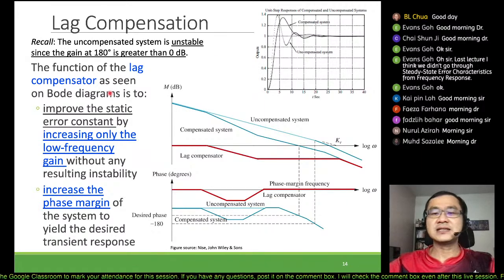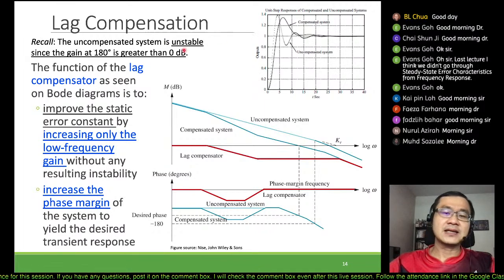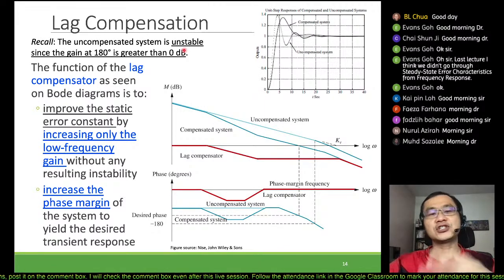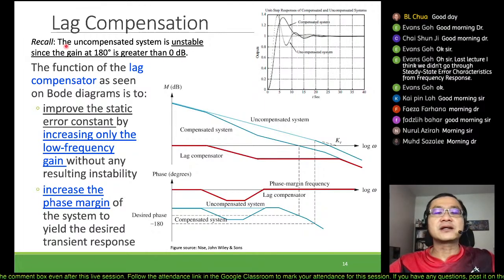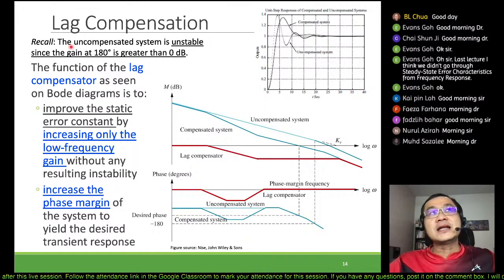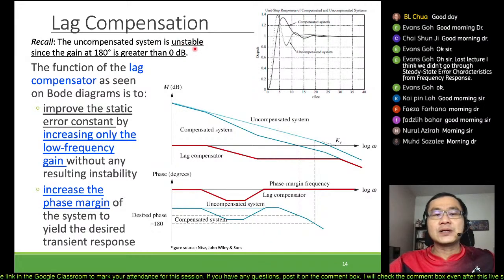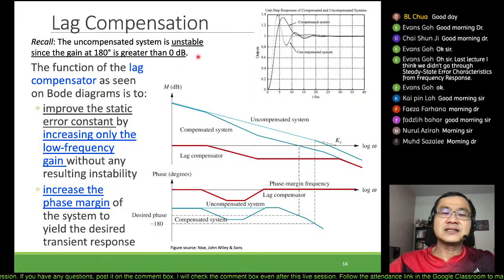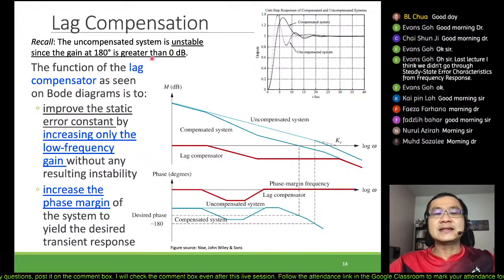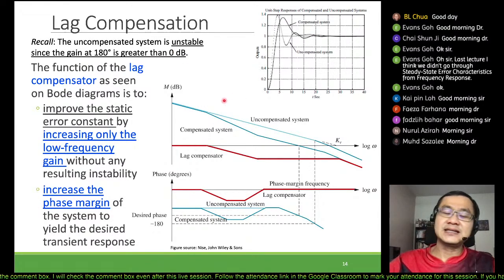As you can see, when we try to compensate, the system will shift or change characteristics. Just a recall on the characteristics: an uncompensated system would be unstable when the magnitude is more than 0 dB at the 180-degree phase.